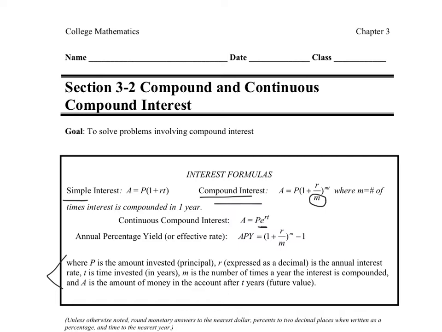And we're going to take our principal times this natural number e, which is going to be raised to the r times t power. Now again, think order of operations. The only thing the exponent is attached to is the e. So we would have to take this natural number e, and you will have a key on your calculator that will probably either be e raised to the x power, or if you have a graphing calculator, you would have to find the number e, and then you could put the exponent on it.